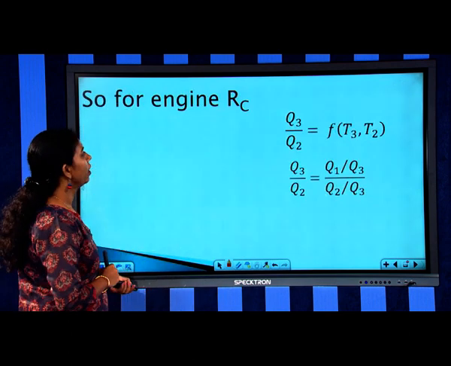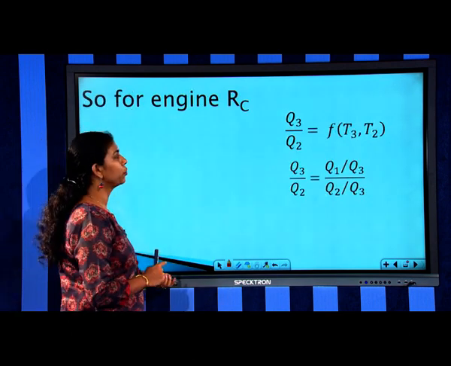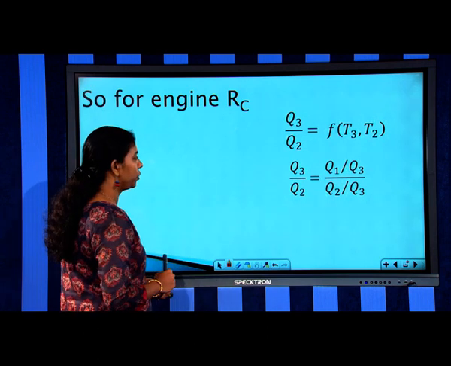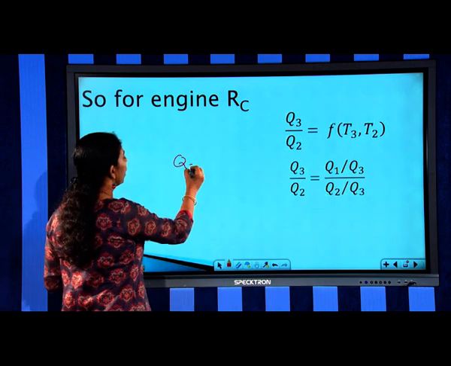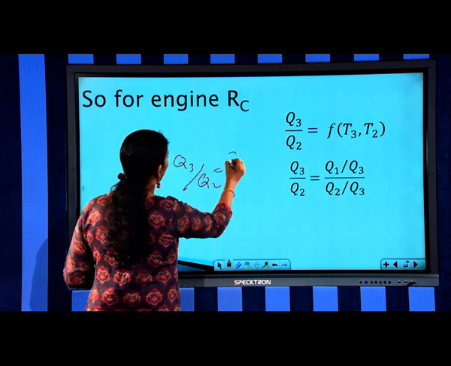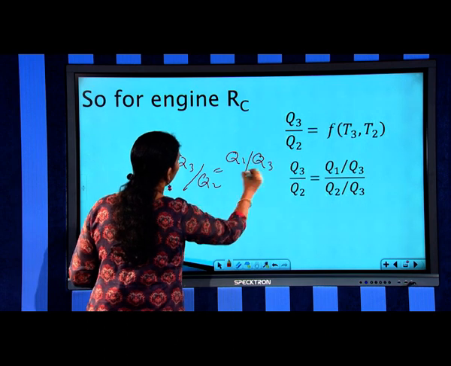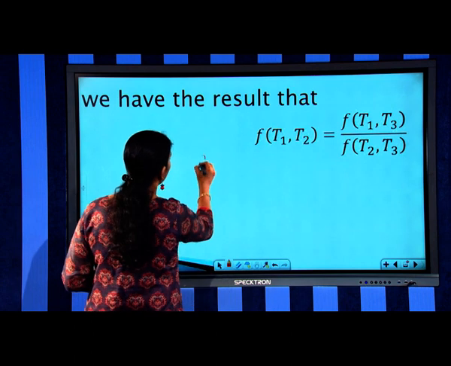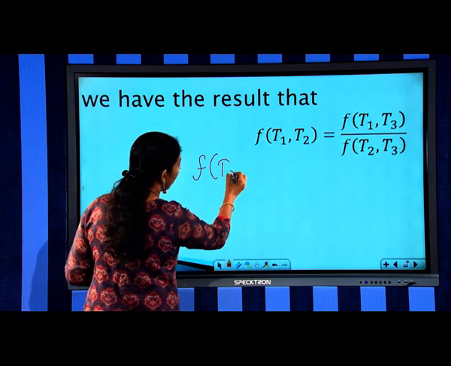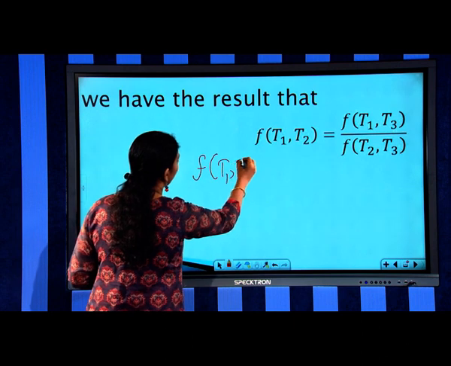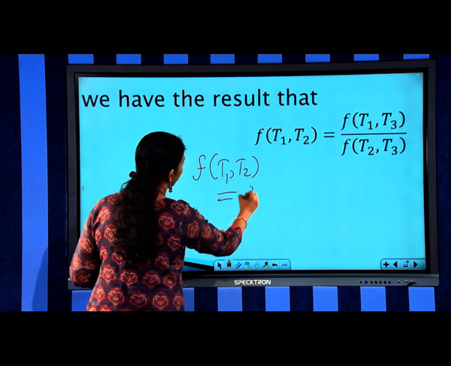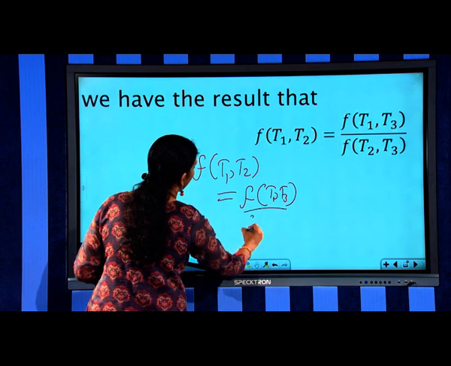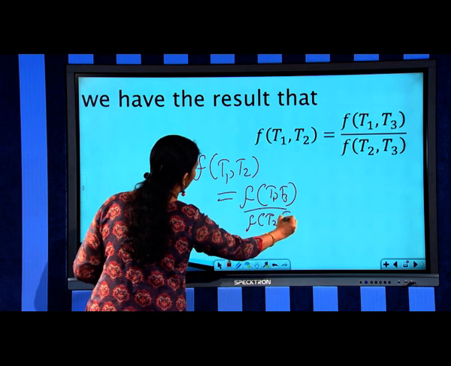So for engine RC, Q3 by Q2 is equal to a function of T3 and T2. Then Q1 by Q2 is equal to Q1 by Q3 times Q3 by Q2. From the above equation, f of T1, T2 is equal to a function of T1, T3 divided by a function of T2, T3.